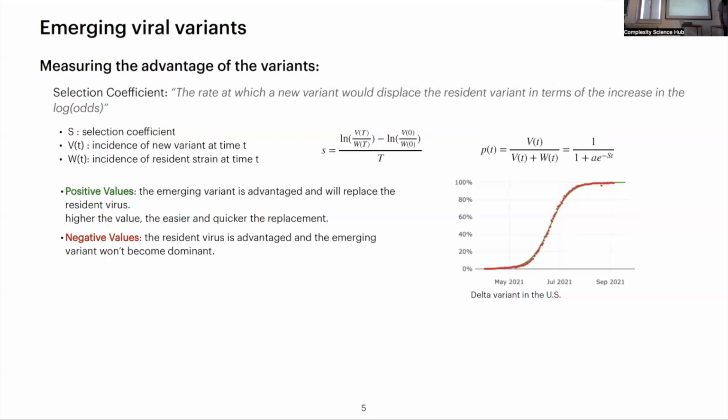You are assuming independence in the interaction between variants. Because if they are not independent, it is not obvious that you will have exponential growth in both of them.